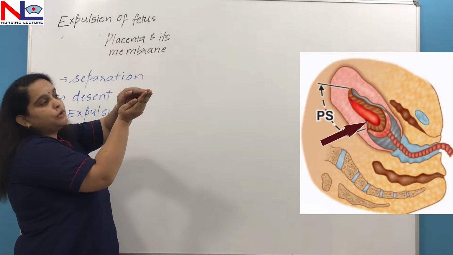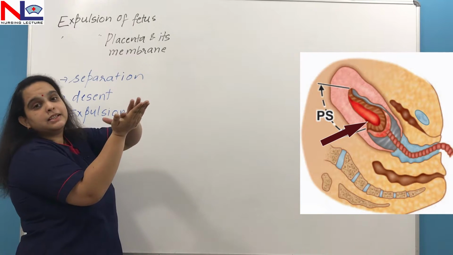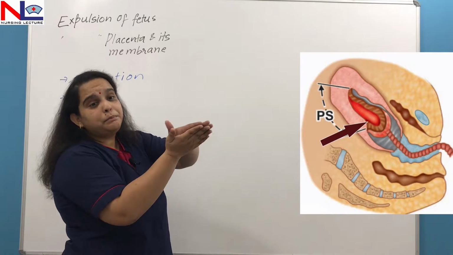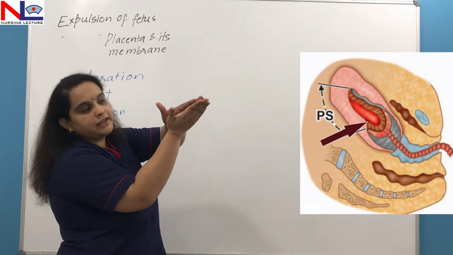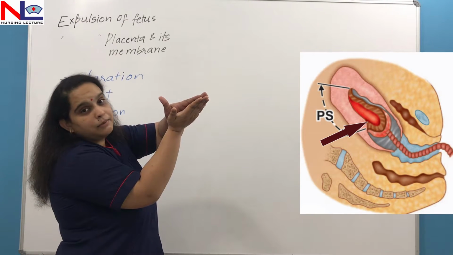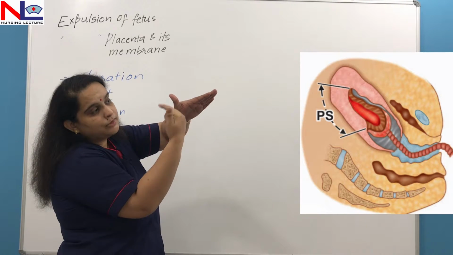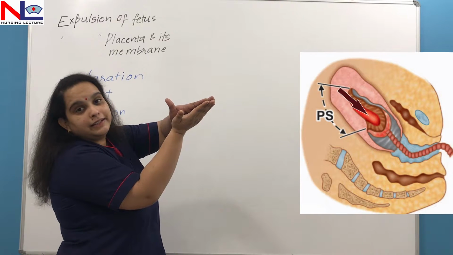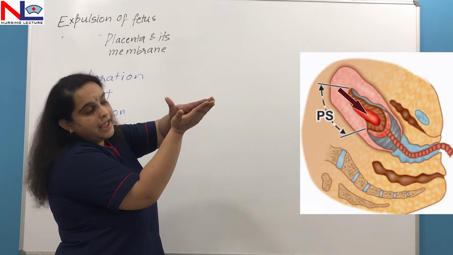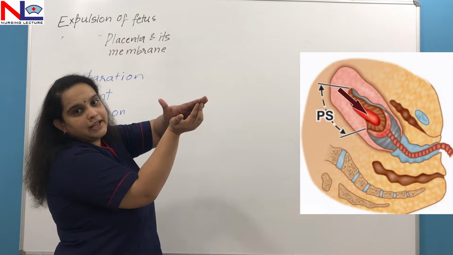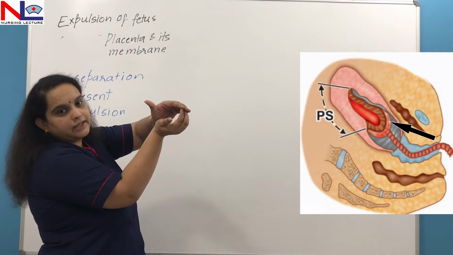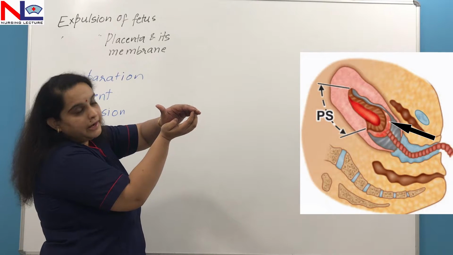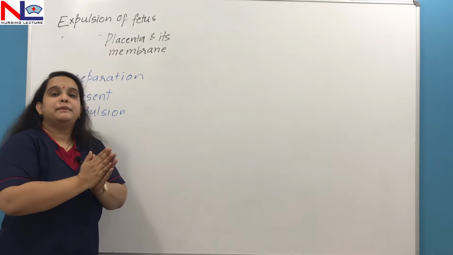So once it contracts and retracts, the placental surface area does not keep pace with this diminishing surface area. So the placental attachment site, that is the implantation site, gets detached, and once it gets detached, we can see the buckling of the placenta, that the placenta is going to be bent up in the uterine cavity, right?